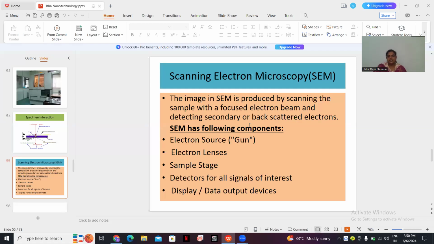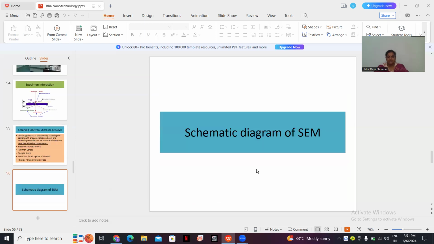The next characterization technique is scanning electron microscopy, that is SEM. The image in SEM is produced by scanning the sample with a focused electron beam and detecting secondary or scattered electrons. Scanning electron microscopy has the following components: an electron source, called the gun, electron lenses, a sample stage, detectors for all signals of interest, and display or data output devices.